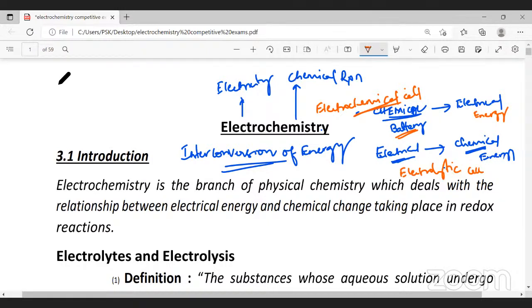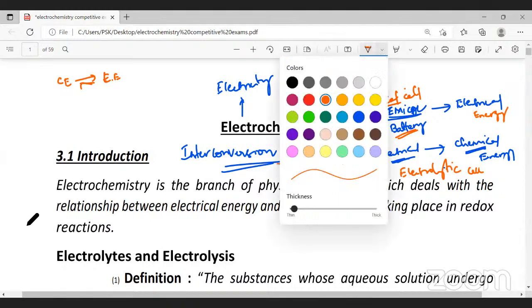So we can write electrochemistry as a branch which converts chemical energy into electrical energy or electrical energy into chemical energy. Therefore, I defined electrochemistry as a branch in physical chemistry which deals with the study of interconversions of energies.